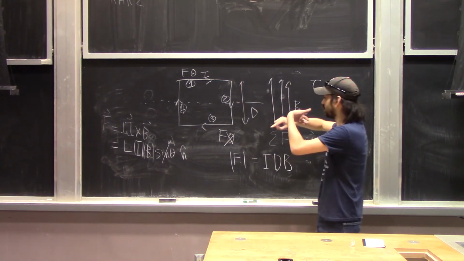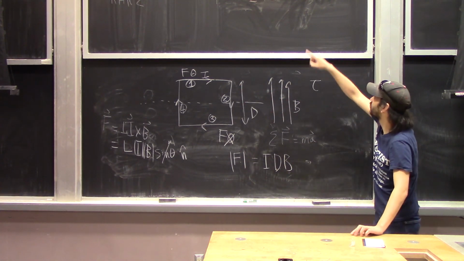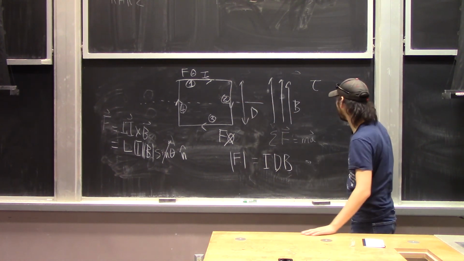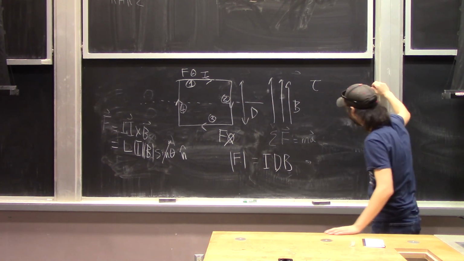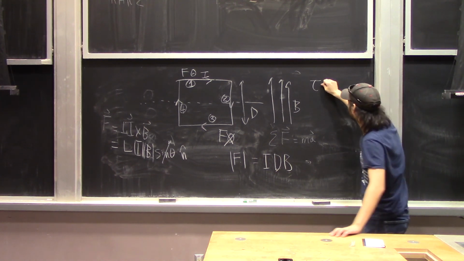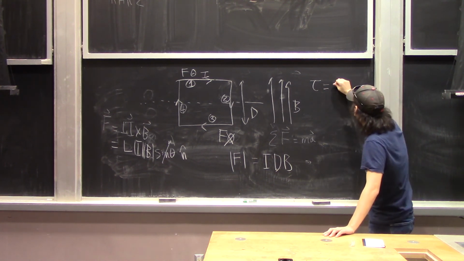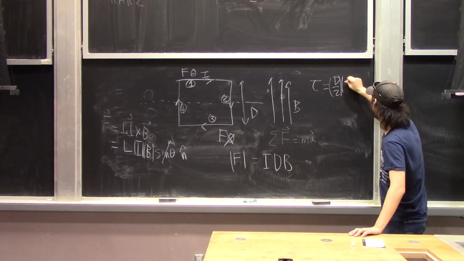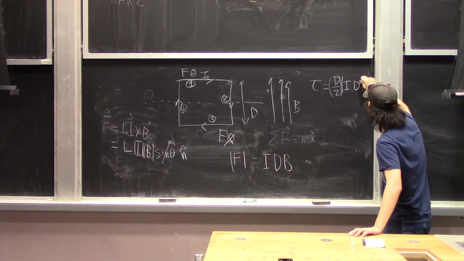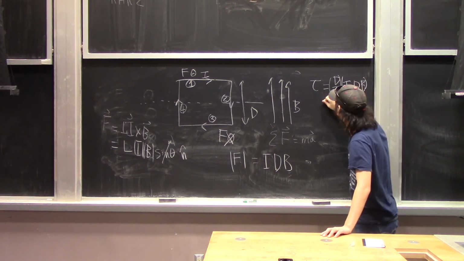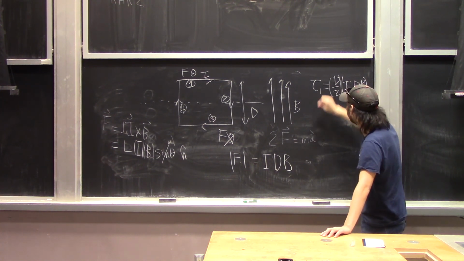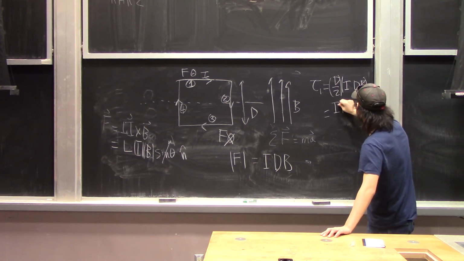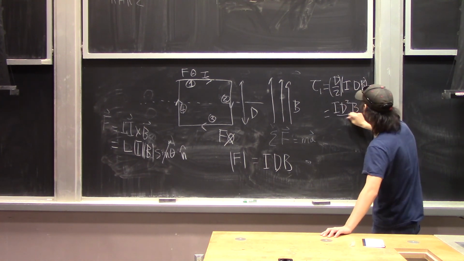Again, these two are perpendicular, so the sine of the angle between the force and this r is 90 degrees, or the sine of the angle is 1. So the individual torques are d over 2 times the force, which is I d times B. Each torque, torque 1 and torque 2, is equal to I d squared B divided by 2.